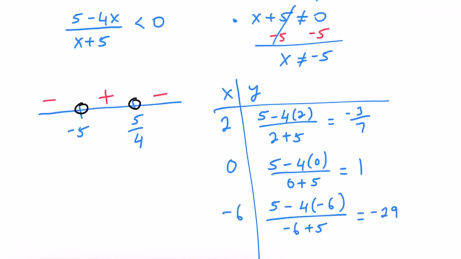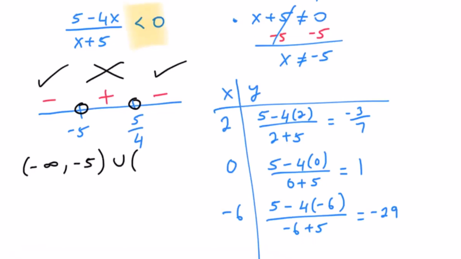Here, we want it to be strictly less than 0. So that means we want the negative intervals. We don't want the positive interval. So our answer here is from negative infinity to negative 5, not including negative 5, union parenthesis 5 over 4 to infinity.